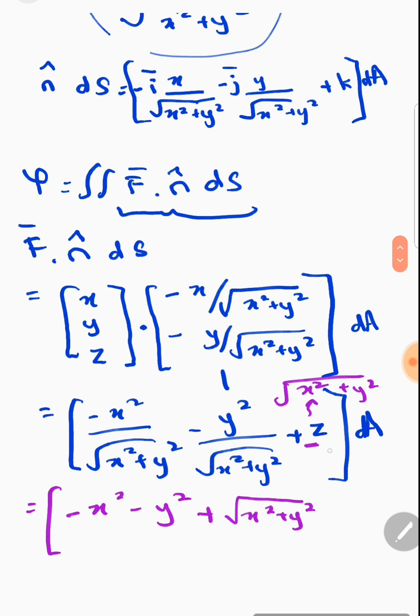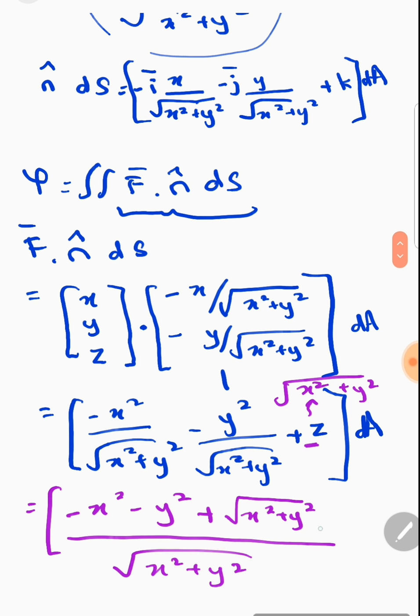But remember, since we are multiplying this over another term to get the common denominator, I'm going to multiply it again with another x squared plus y squared. This then will lead me to what?